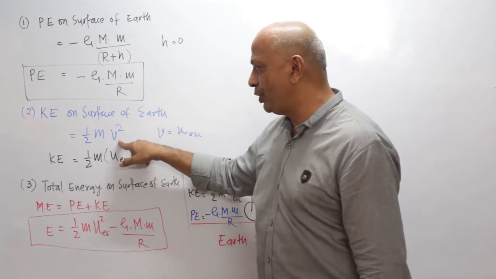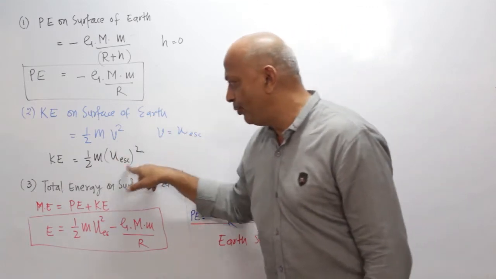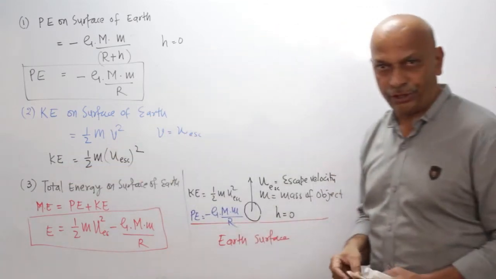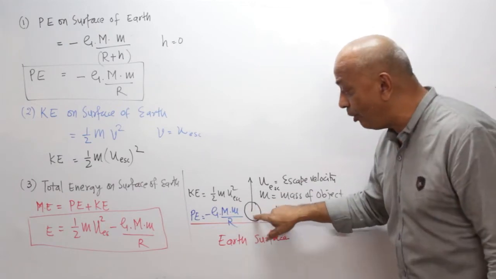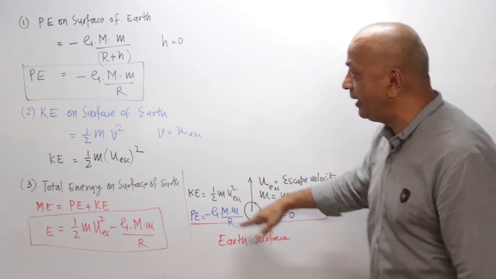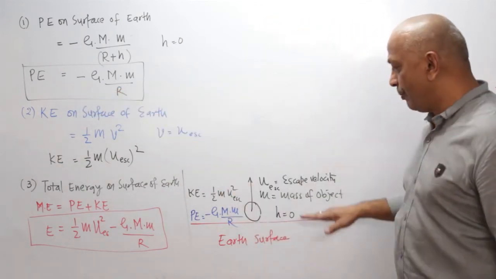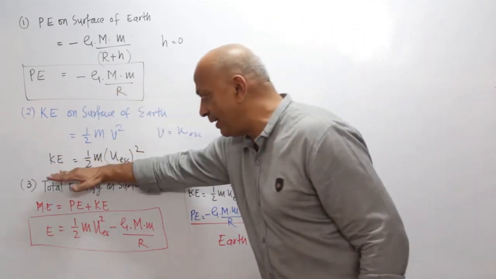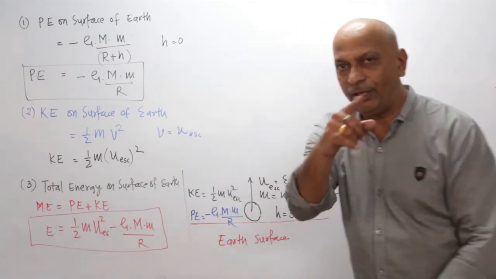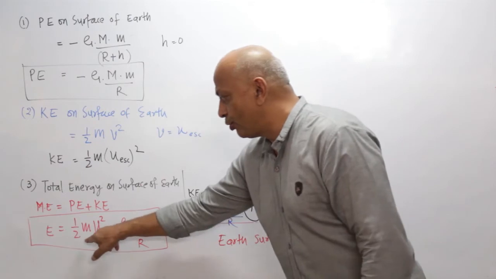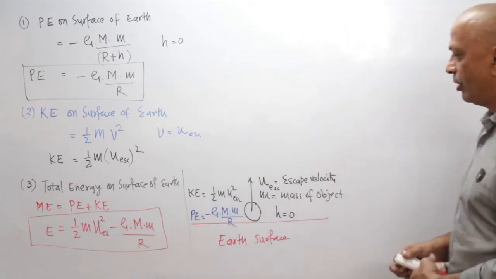So 1/2 m v square, where v is equal to u escape, so this is kinetic energy. So the total energy of this object, because of the height, potential energy, because of the velocity, kinetic energy, is the sum of P plus K, which we call the mechanical energy. We have added these two.